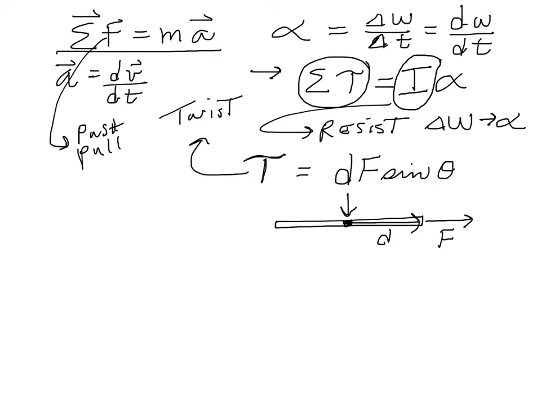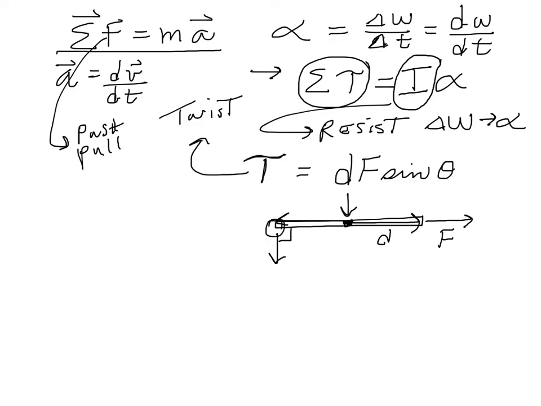If we want to get the maximum twist, we want to apply the force in a direction perpendicular to the distance vector, the d vector. Remember, d is the distance from the axis to where the force is applied.